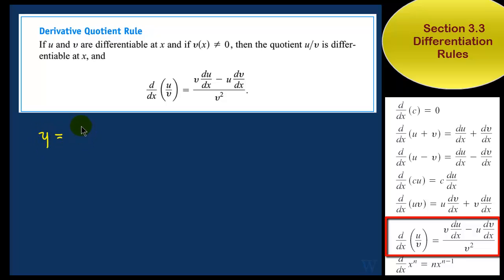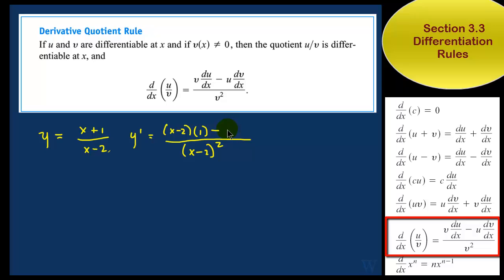Let y be equal to, say, x plus 1 over x minus 2. So if I have this quotient, I will take the derivative now by using this quotient rule. First of all, why don't we go ahead and square the denominator, because that's the square of the bottom. X minus 2 whole thing squared. Now what is the top? The top says you take the bottom and multiply by the derivative of the one in the numerator, and the derivative of x plus 1 is just 1.